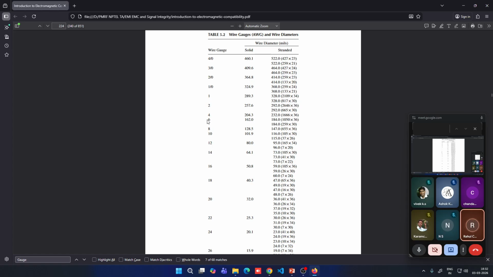So for wire gauge of 6, the diameter is 184. That is in mils. Now we know how to convert 184 mils, because we just have to multiply it with 0.001 into 2.54 centimeters.